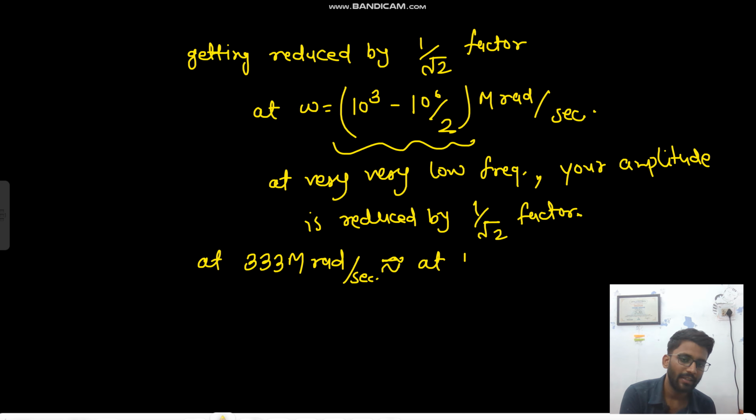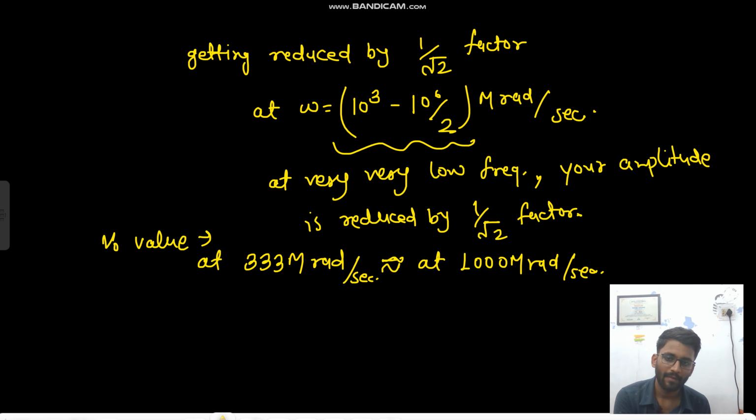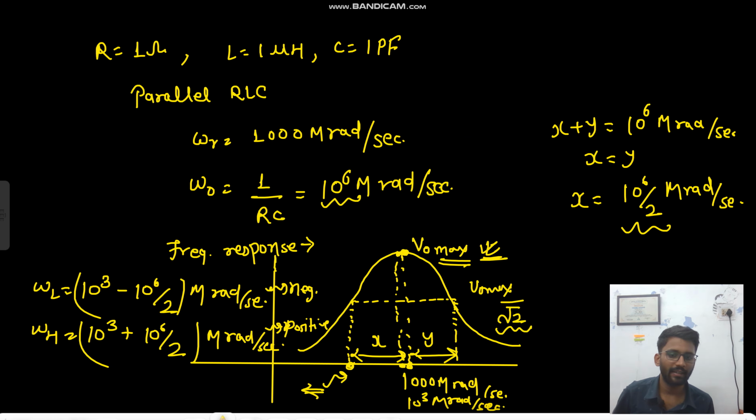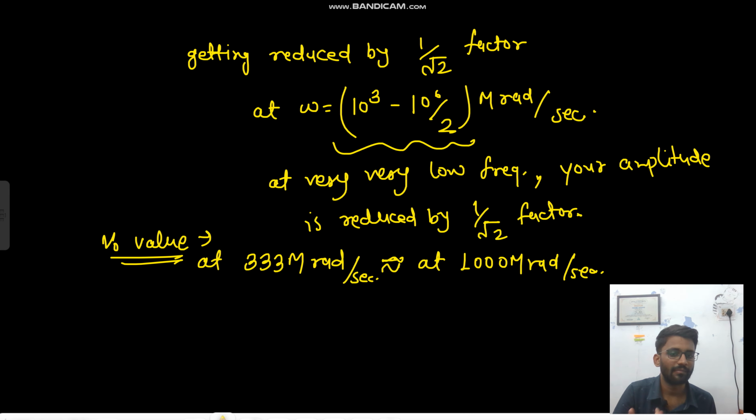Your V naught value for 333 mega radian per second and your V naught value for 999 mega radian per second will be nearly the same, right?